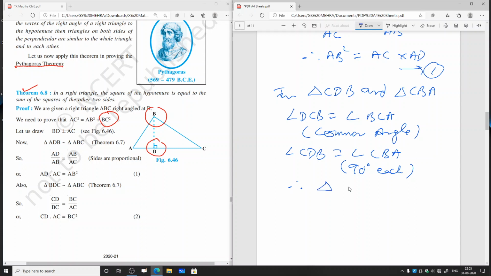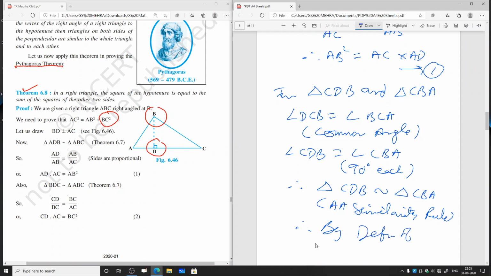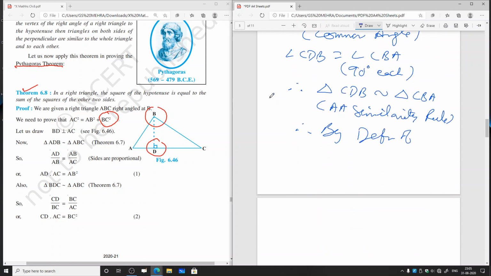Therefore we can say that triangle CDB is similar to triangle CBA by the angle similarity rule. Therefore by the definition of similar triangles, whenever two triangles are similar, their corresponding sides are in equal ratios, and we need BC square.